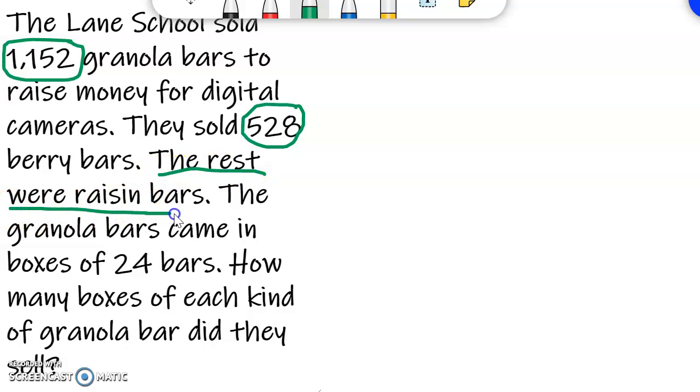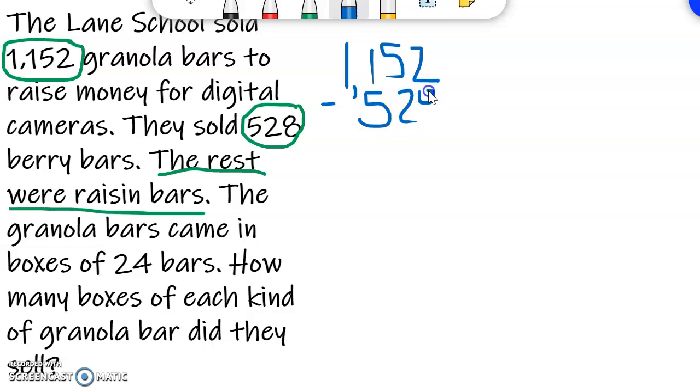So I have to figure out, in my first step for this problem, what number constitutes the rest that were raisin bars. So the first thing I want to do is take 1,152 and subtract 528 so that I can figure out how many of these bars were raisin bars.